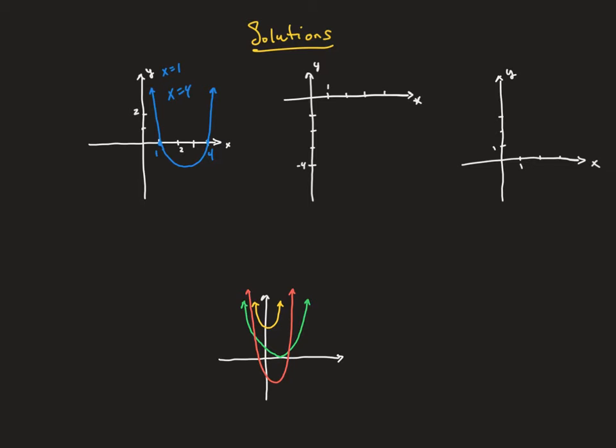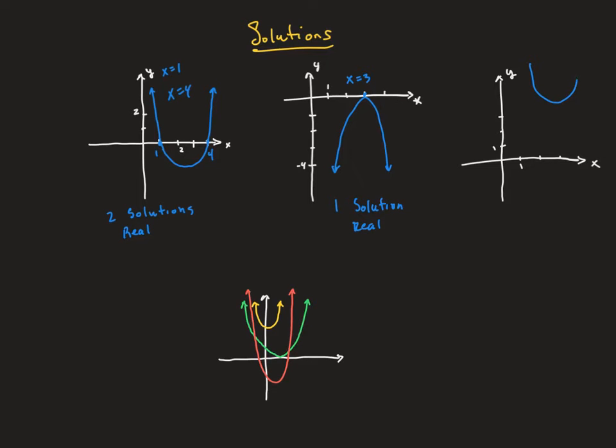So if I have it where it just touches and just goes away from the x-axis, that is considered one solution, because it only touches the x-axis one time, and it happens to be at x equals 3. That's one real solution.